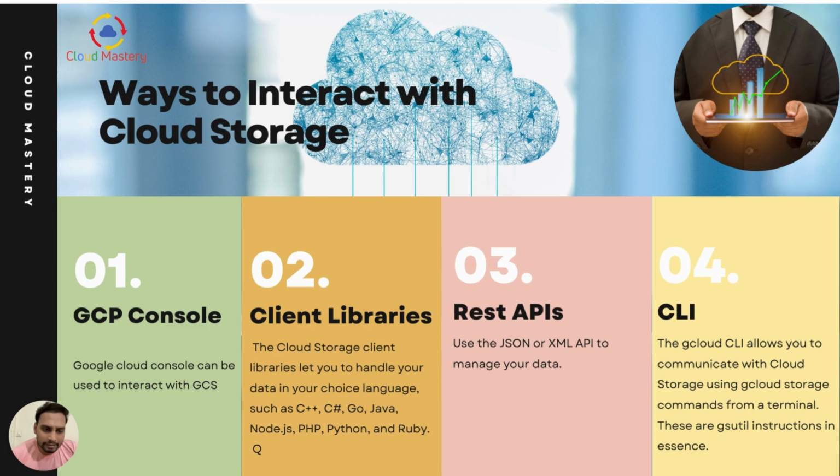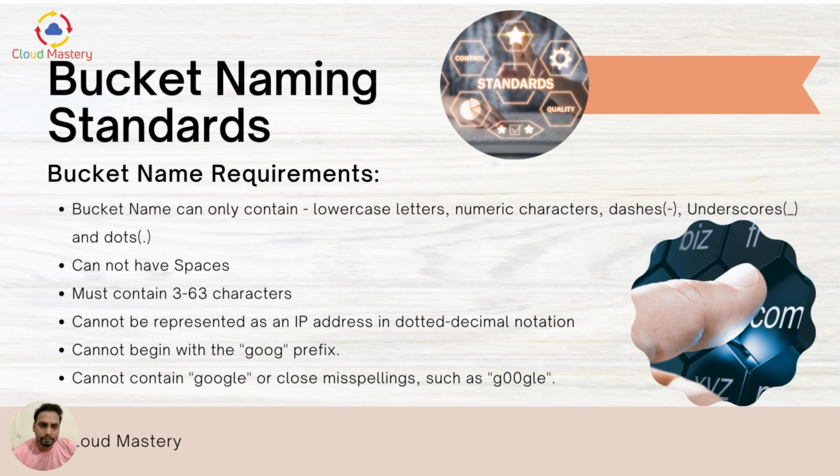Now we will see the different naming standards to create a cloud storage bucket. Basically you can only have lowercase letters, numeric characters, dashes, underscores, as well as dots in your bucket name.